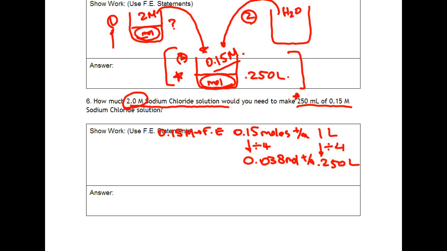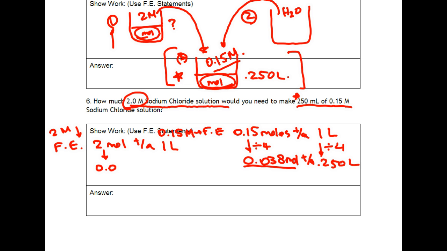So now we know how many moles there are in that solution. And the question is asking us, how much of it did we use? Well, we can figure that out because now we know the moles and we know the molarity. Because we know the molarity, that's the first for every statement. For every 2 moles, there is 1 liter. That's just another way of writing 2 molarity. We don't know how many liters we have just yet, but we do know how many moles we have. We don't have 2.